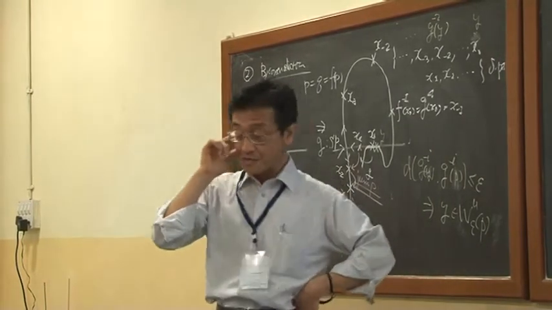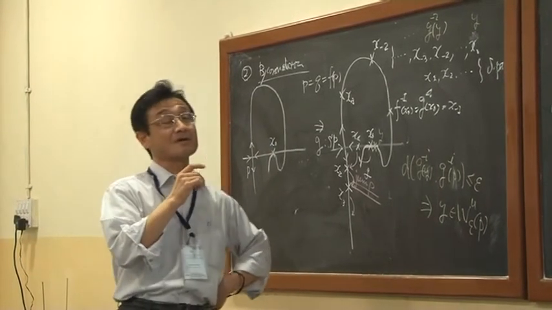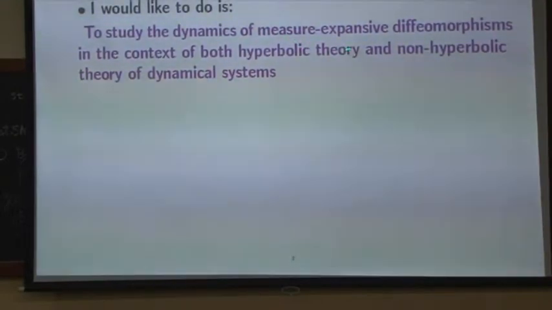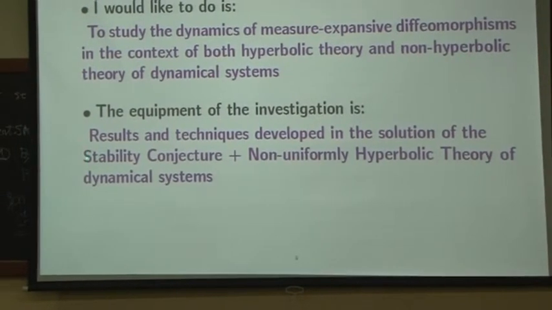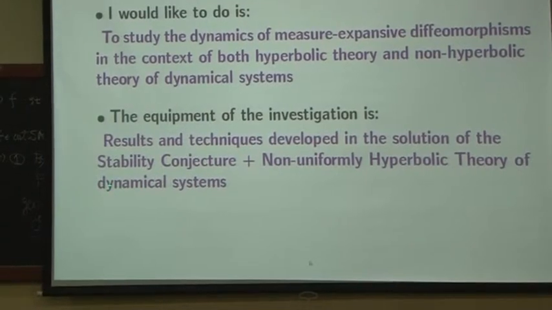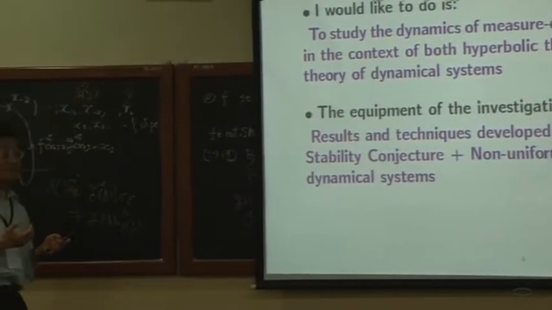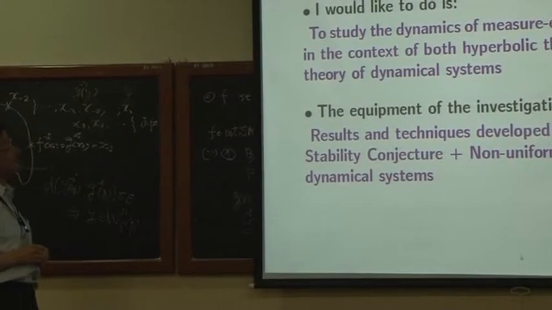Expansivity plays an important role in stability theory, and not only so for measure expansive diffeomorphisms. As you know, the results and techniques were developed in the solution of the stability conjecture and non-uniformly hyperbolic theory of dynamics.